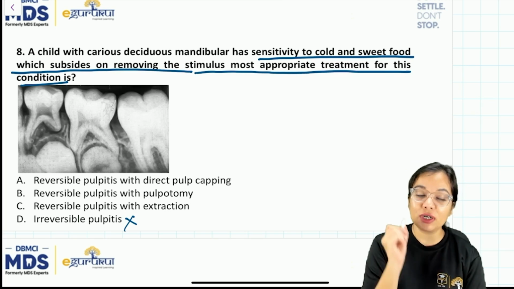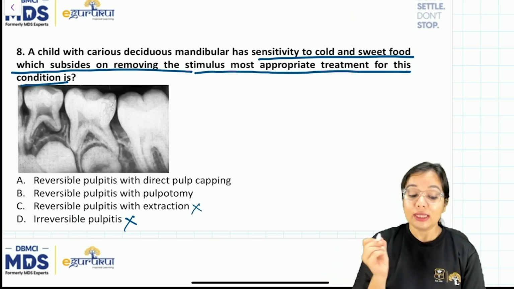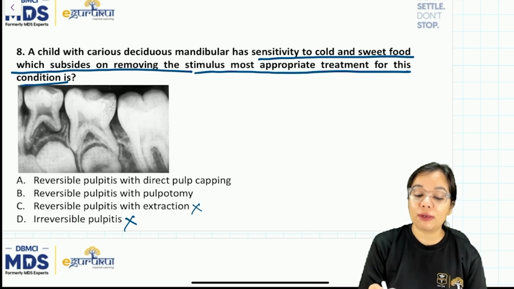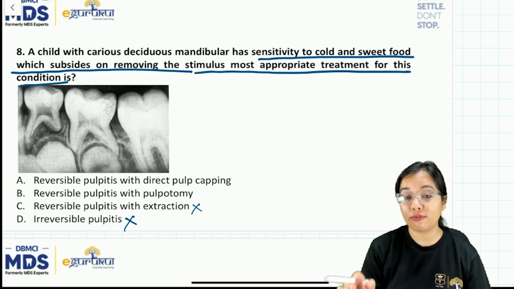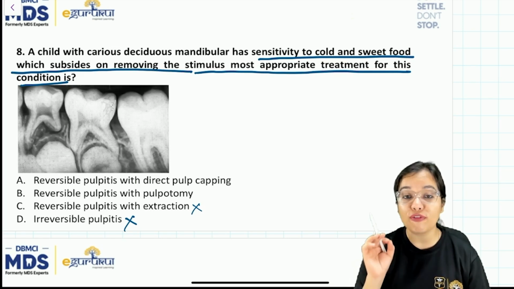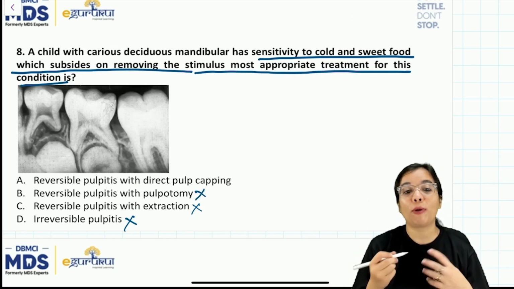When it is a reversible pulpitis, you do not need to do an extraction. Then, when there is just sensitivity to cold and sweet food and no complaint of pain on food lodgement, you do not need to do a pulpotomy.